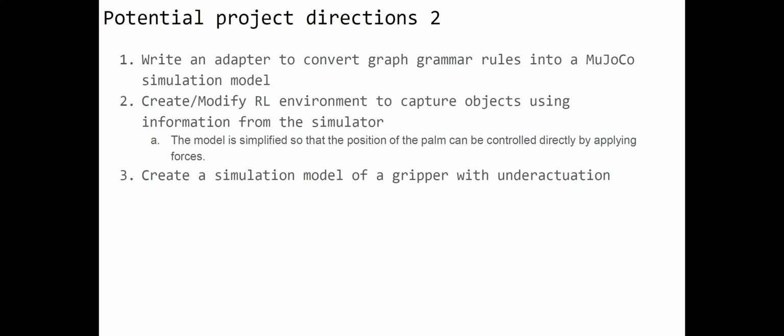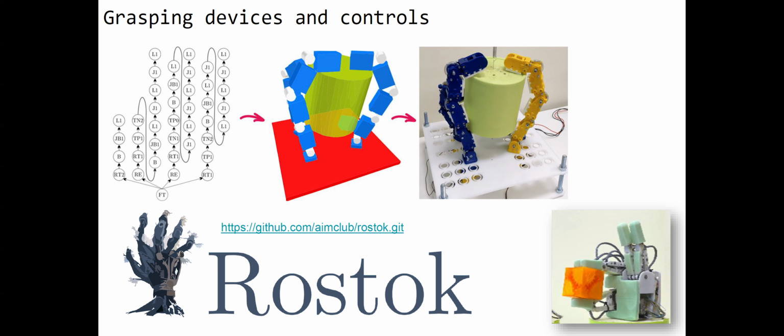What does underactuation mean? Here, the gripping device with these fingers has a lot of phalanxes, as you can see. And actually, to actuate each phalanx, you need a motor at each joint. For example, for this yellow finger, you need to introduce 1, 2, 3, 4 motors.